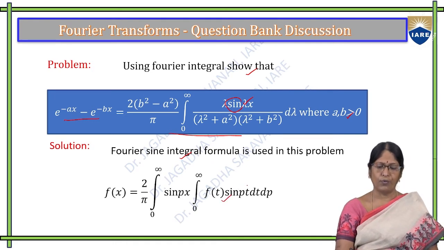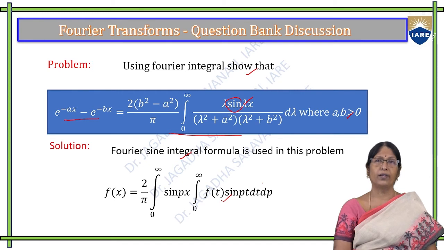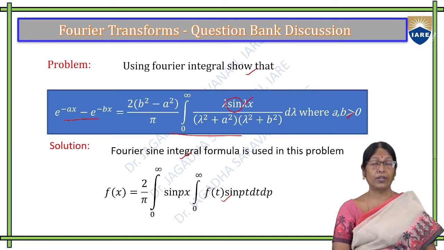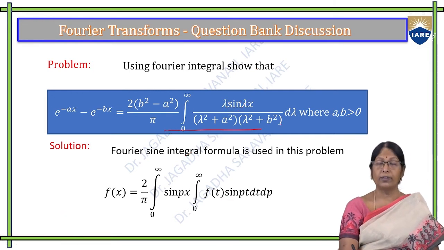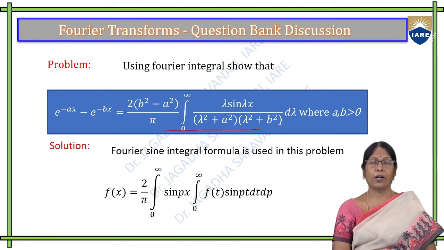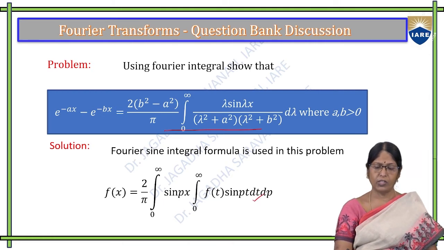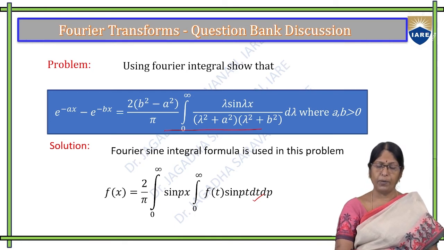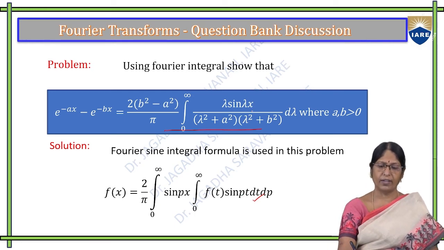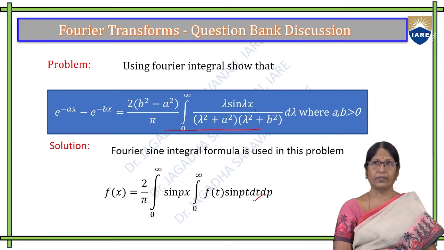So this is the Fourier sine integral formula, that is 2 by pi integral 0 to infinity sine px integral 0 to infinity f of t sine pt dt dp. Now, this is the result to be obtained. In the formula, sine pt is there, whereas here sine lambda x is there.